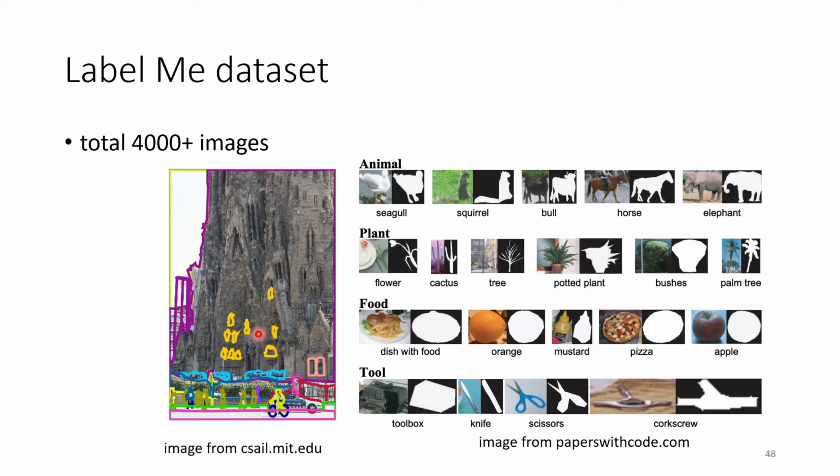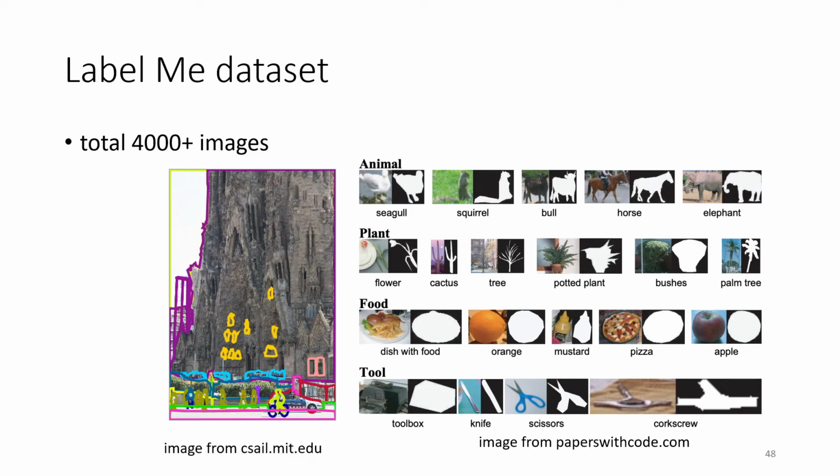Look at the left figure. Given an image, everybody can upload an image to MIT's website, and there is a web tool for users to label any region of this image.